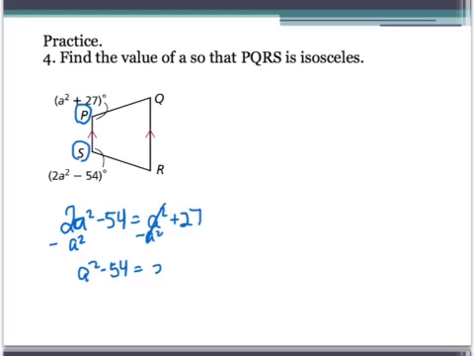Minus 54 equals 27. So I'm going to add 54 to the right. And I get a squared is equal to 81. Okay, so I want to do the square root of 81. So a could be positive 9 or negative 9. Either one will work.